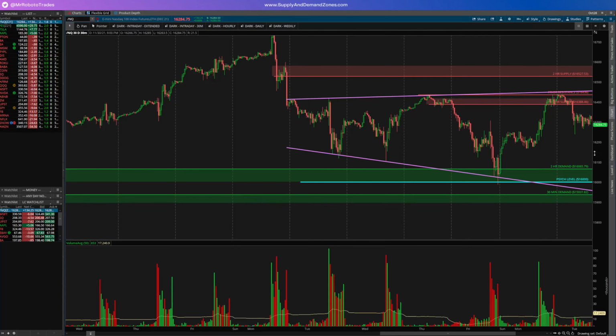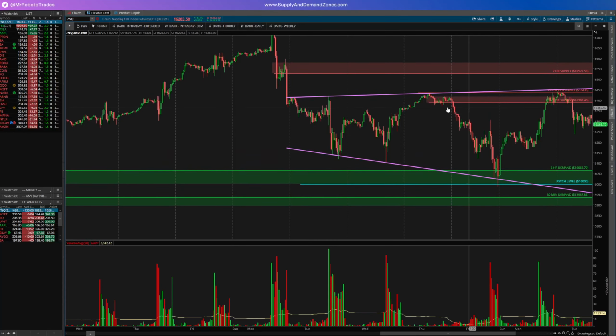So here's NQ, okay? And this is the pre-market action today. I'm not showing you what's happened today so far, but this is what we had going into pre-market. And we've been trading in what they call a broadening range formation.